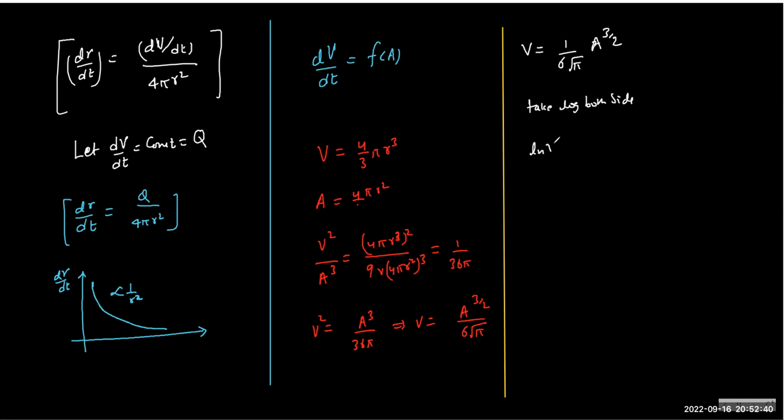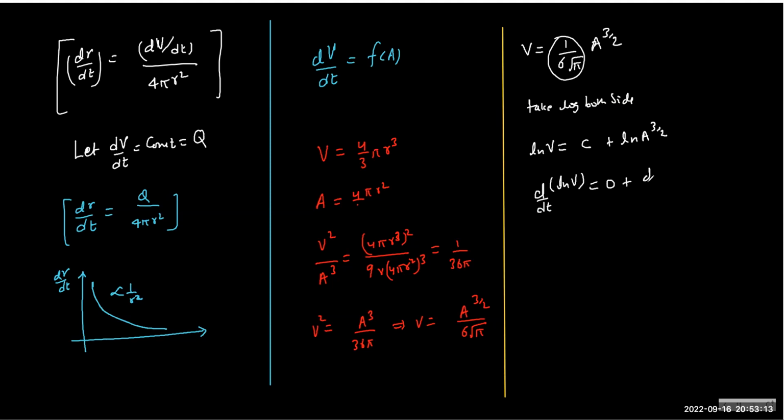So ln v equals to constant, I can just write this as some constant c, plus ln a power 3 by 2. We know that in case of log, if you have two numbers multiplied together, the log will make it addition, right? And now differentiate both sides with time.